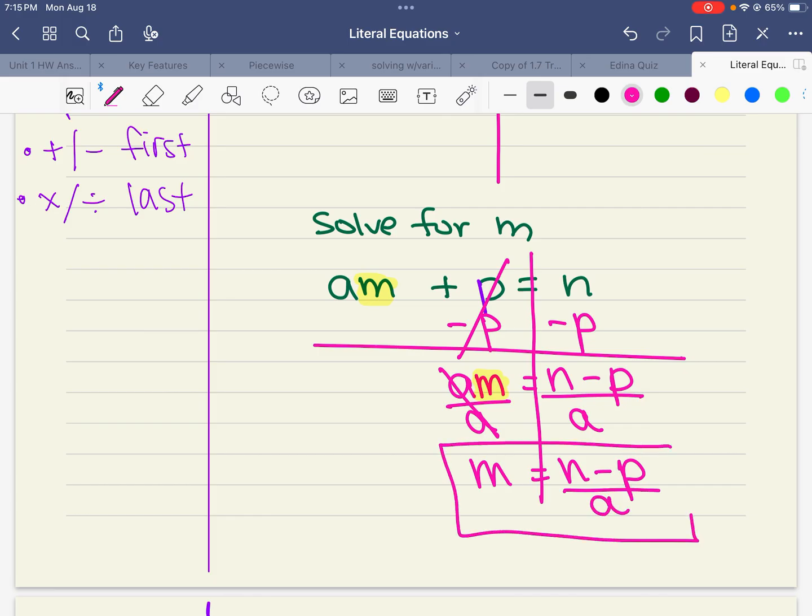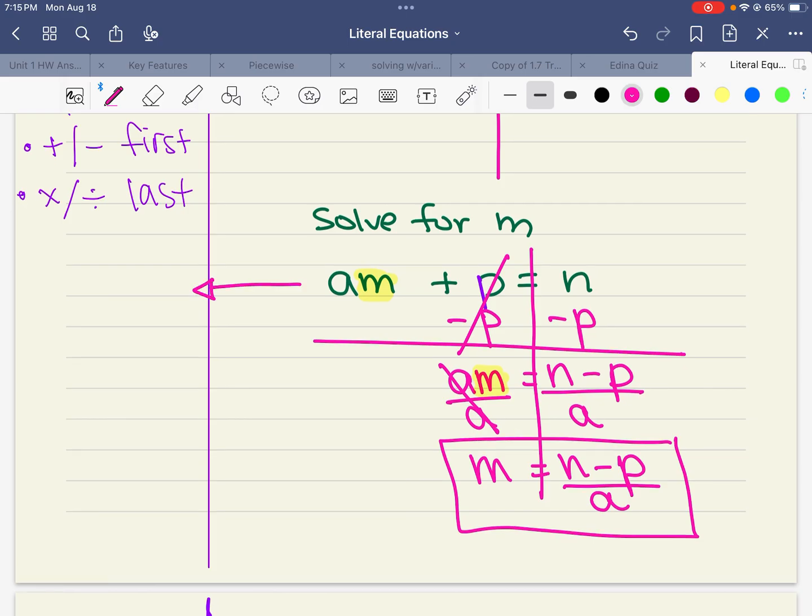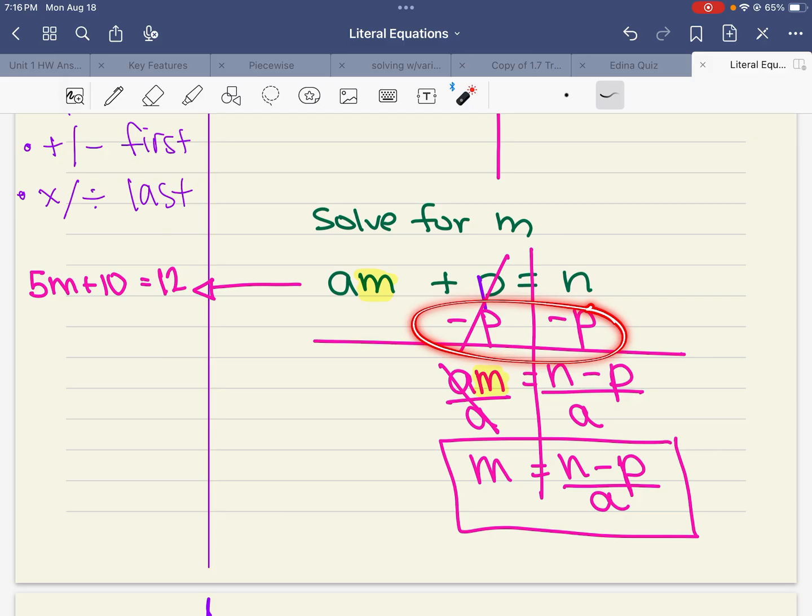We're going to add in some more numbers in a minute, but I just wanted you to see it with lots of variables. I'm just going to do a side note over here. Solving this for M is very similar to if I'd had 5M plus 10 equals, let's say 12. Just like I subtracted the P first to the other side, I would do the same thing if it had been a number. I would have subtracted 10.